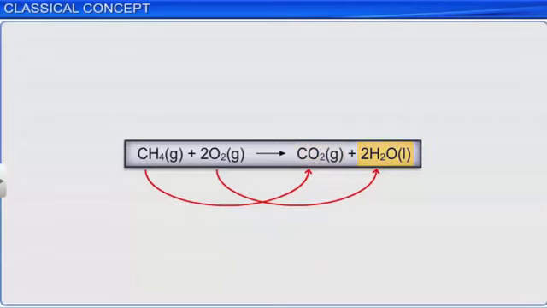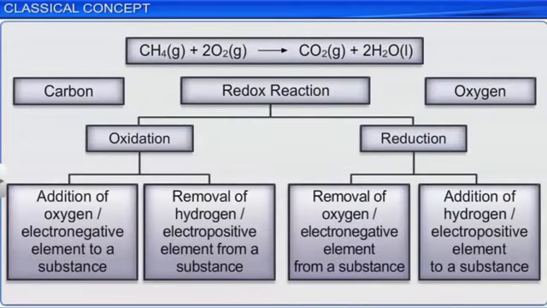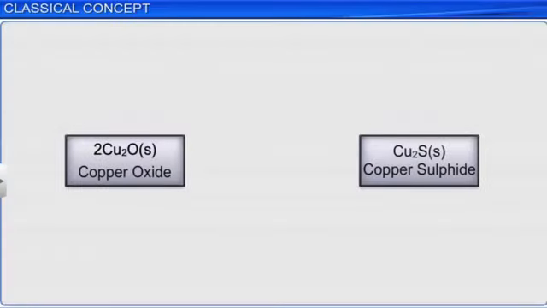In this reaction, carbon is oxidized due to removal of hydrogen, and simultaneously, oxygen is reduced due to addition of hydrogen. In the final example, we will see a redox reaction between copper oxide and copper sulfide.